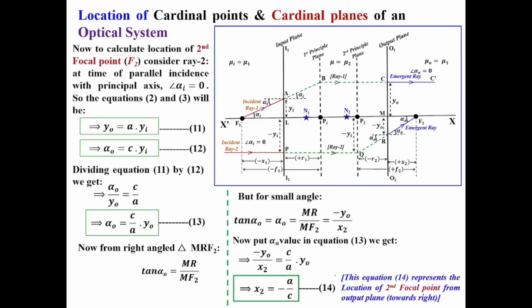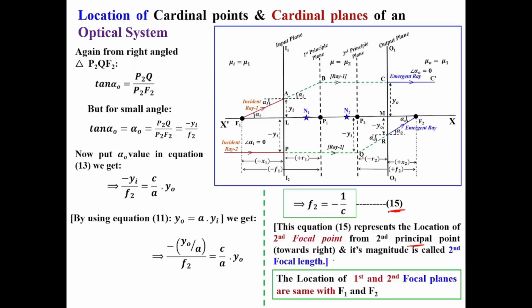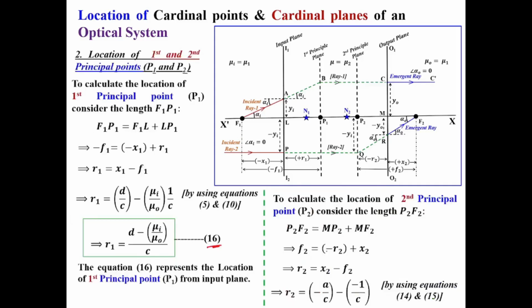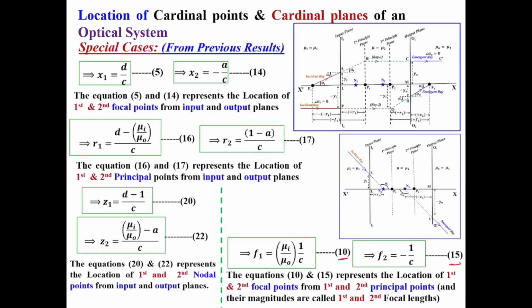And F2 is the location of second focal point from second principal point towards right. So equation number 10 and 15 represent the location of first and second focal points from first and second principal points and their magnitudes. If I consider the magnitudes, they are called first and second focal lengths.